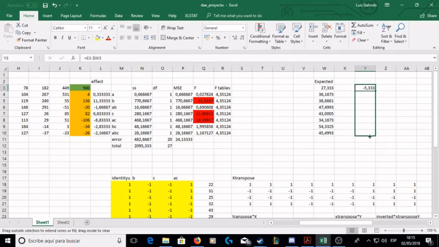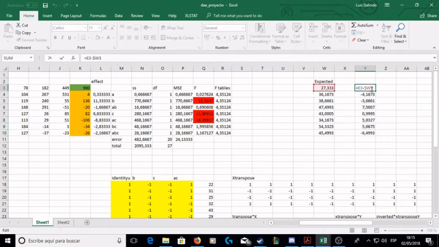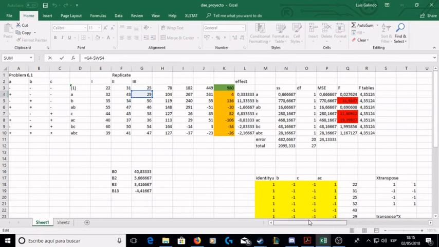There it is. Now I'm going to anchor this one. 1, 2, 3. It's okay.